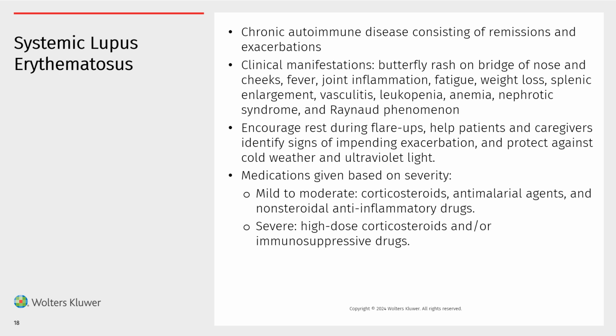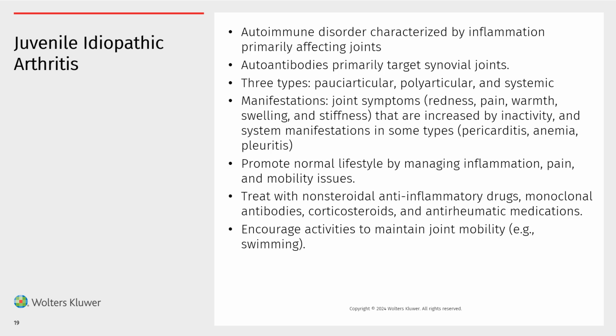Also systemic lupus erythematosus, and this is that chronic and very obvious butterfly red rash on the face. Juvenile idiopathic arthritis is also considered an immune disorder. It's an autoimmune disorder, and there are 3 different types of it.